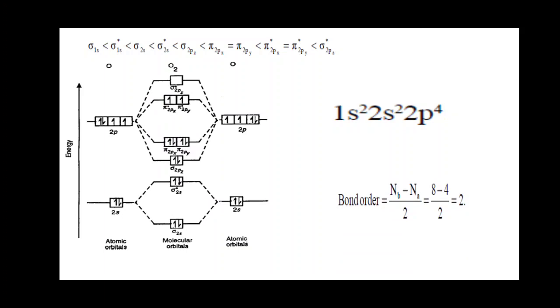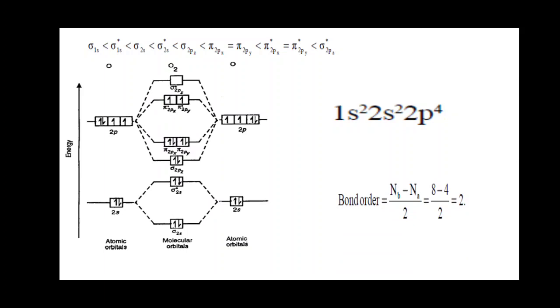So this is the molecular orbital energy level diagram for homonuclear diatomic molecules of oxygen and other heavier elements, right? So one small difference we can find between the nitrogen molecule MO diagram and the oxygen molecule MO diagram. So what is the difference?